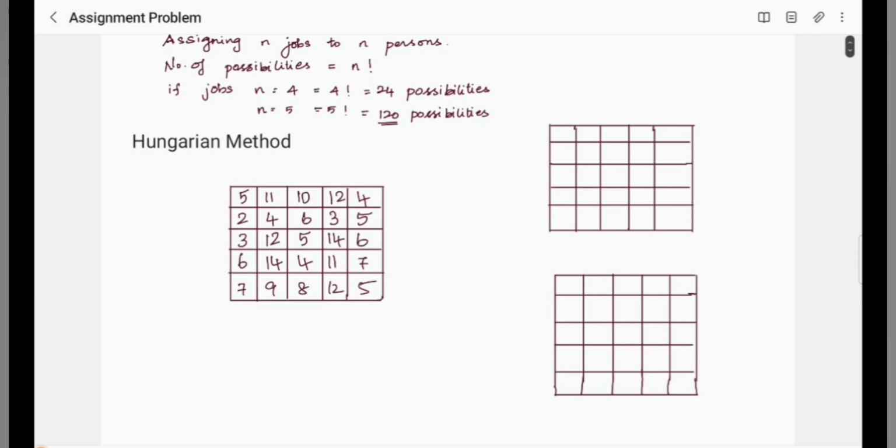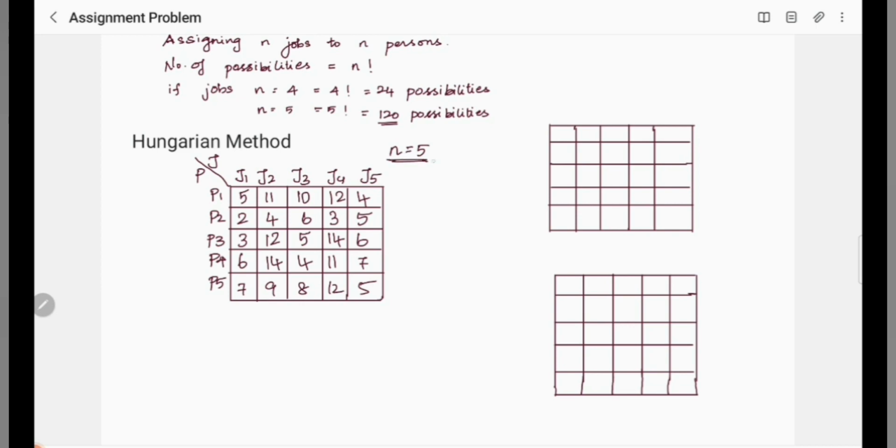Here we are going to solve the assignment problem using the Hungarian method. I have taken a matrix where the rows represent the persons and the columns represent the jobs. The rows are person 1, person 2, person 3, person 4 and person 5, and column-wise it is job 1, job 2, job 3, job 4 and job 5. So the value of n is 5.